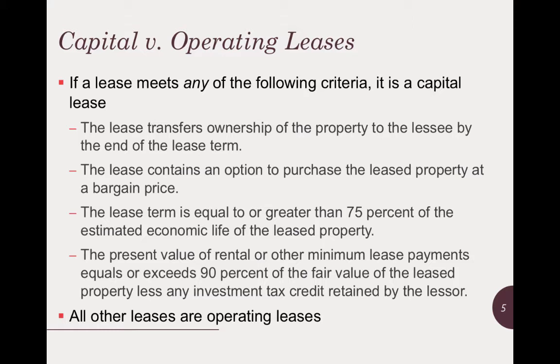If the lease transfers ownership of the property to the lessee by the end of the term, if the lease contains an option to purchase the leased property at a bargain price, if the lease term is equal to or greater than 75% of the estimated life of the leased property, or if the present value of rental or other minimum lease payments equals or exceeds 90% of the fair value of the leased property. Those are the things that would trigger considering that lease to be a capital lease. All other leases are considered operating leases.